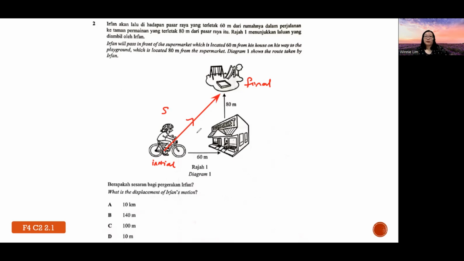To calculate this displacement, since it looks like a right-angled triangle, you can use Pythagoras' theorem, which is the square root of 60 squared plus 80 squared. When you press the calculator, you will get C as the answer.